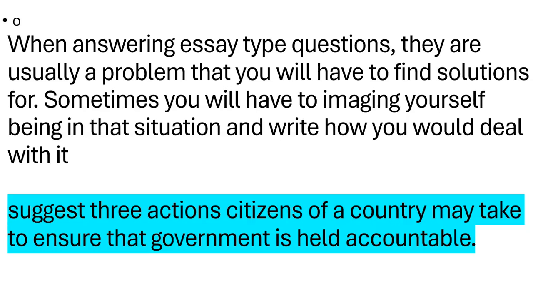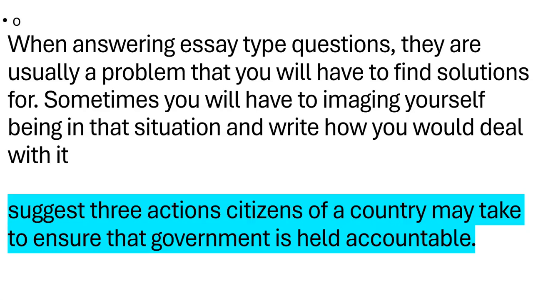What would you do as a citizen to ensure that these promises, these goals, these objectives that the government has set for the country come to pass?